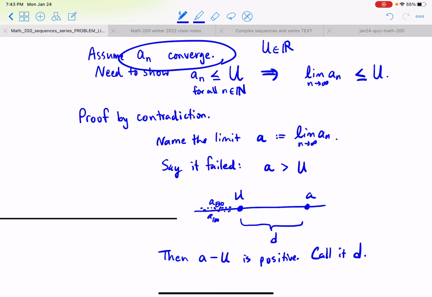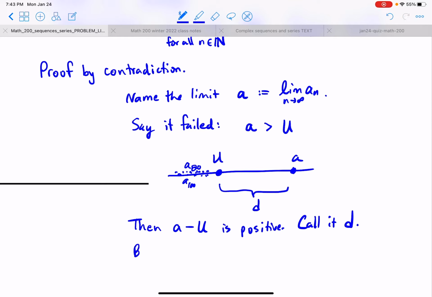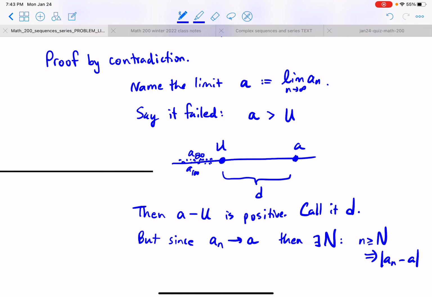Great, well, the a sub n converge to their limit, a, and so since the a sub n converge to the limit that we called a, then there exists some capital N such that n greater than or equal to capital N implies that the a sub n and the a are less than d apart. Okay? But how could they be less than d apart if that means that there are some a sub n over here? That's ridiculous. And so that's a contradiction.